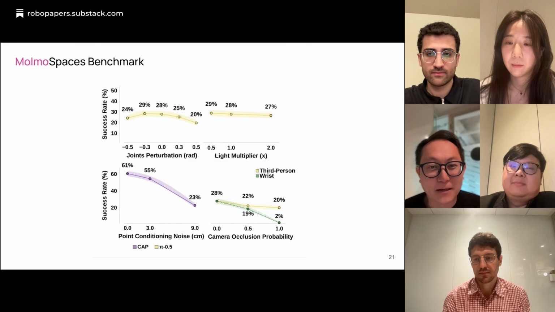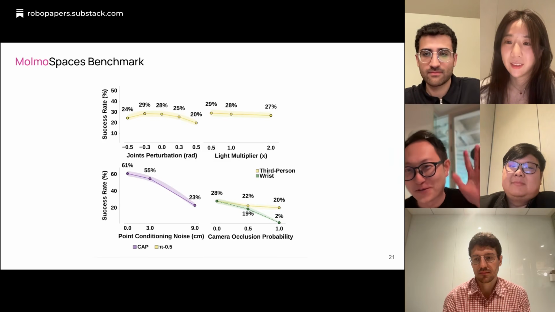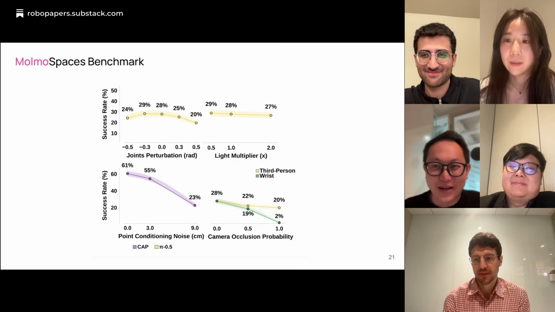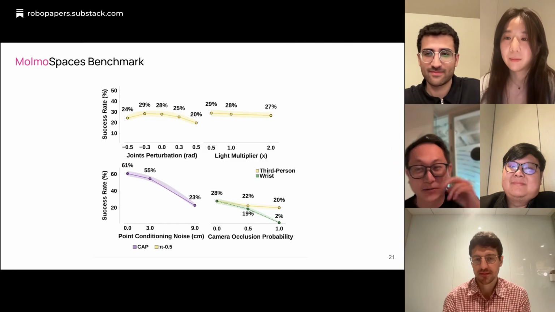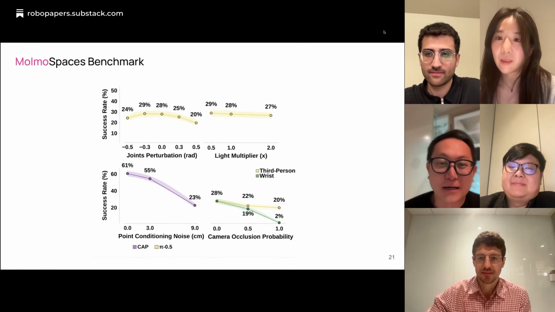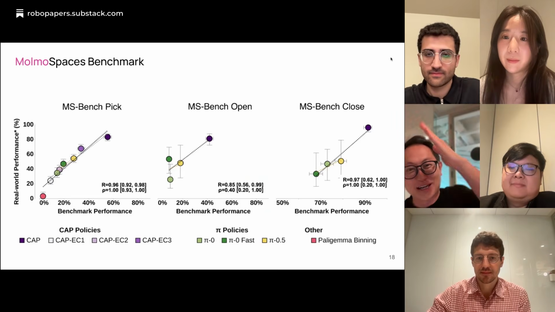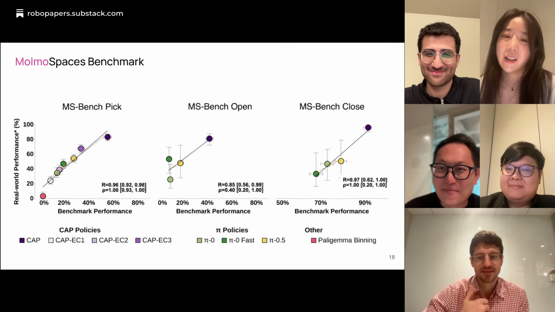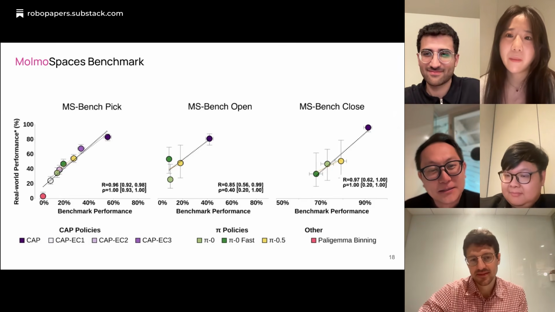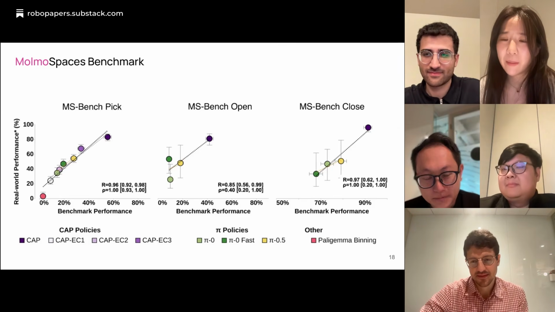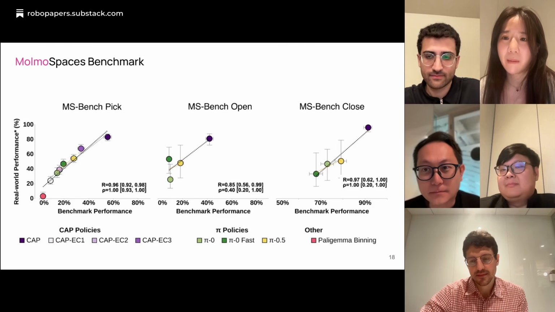I'm glad that the Robo Arena, the real world stuff that we're doing, can help with this, because ultimately it needs to work in the real world. I don't think simulation benchmarks will replace real robot benchmarks, but I think it's a good complementary thing.